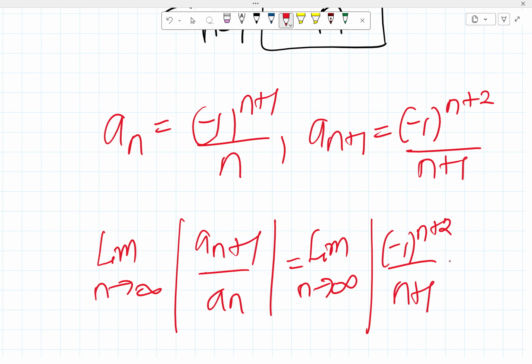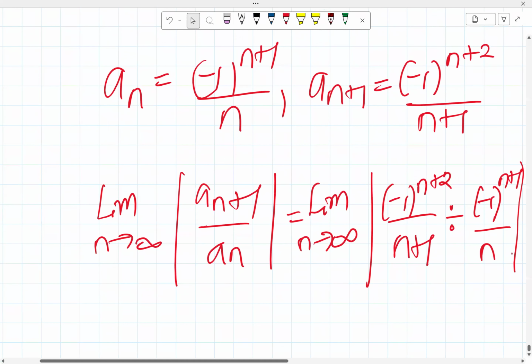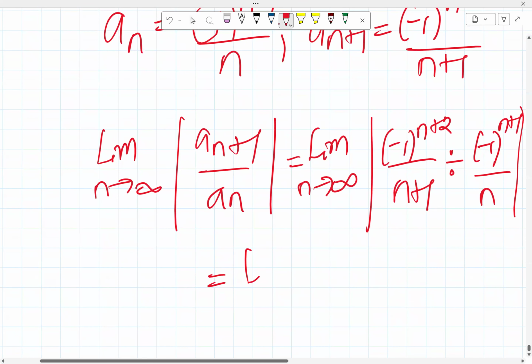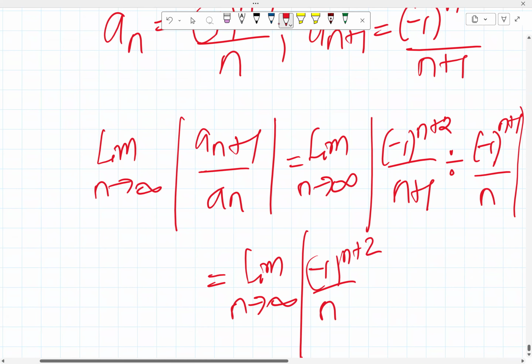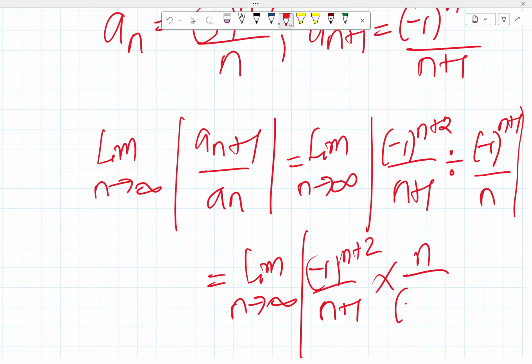That gives us the limit of the absolute value of (-1)^(n+2) over n+1 times n over (-1)^(n+1).